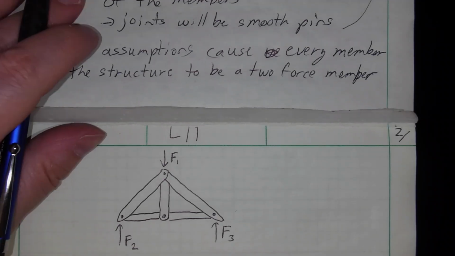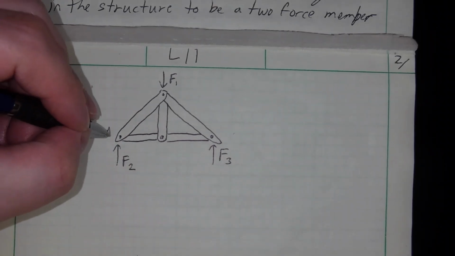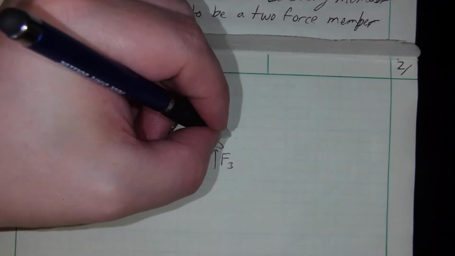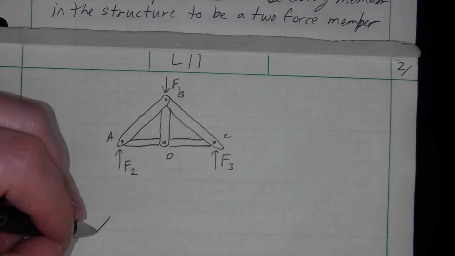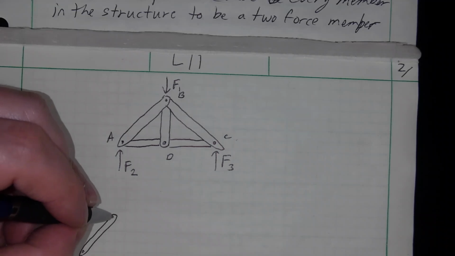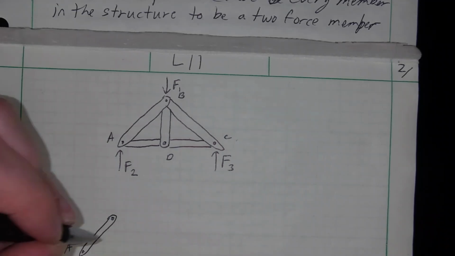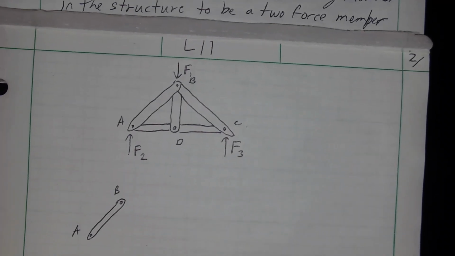If I do that, what happens is, if I look at each of the members individually, let's say this is point A, B, C, and D. If I look at only member A, B, I'm only drawing a free body diagram of A, B there.